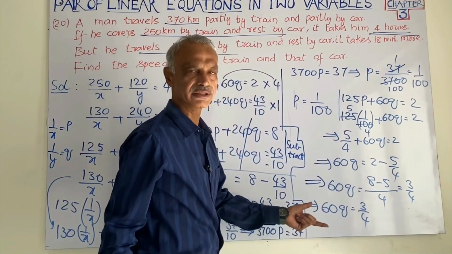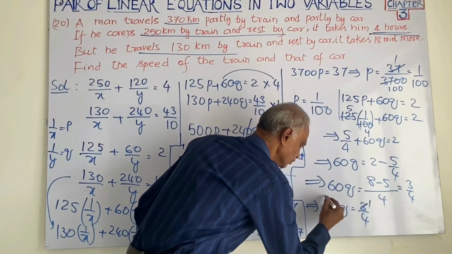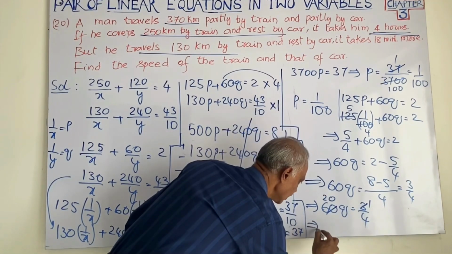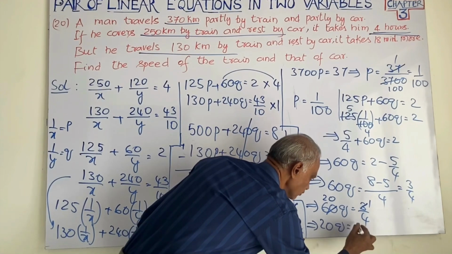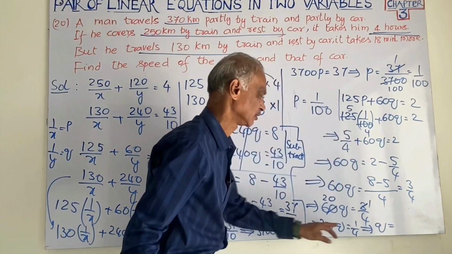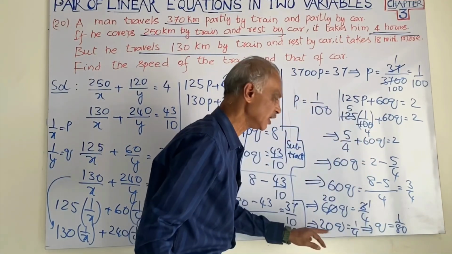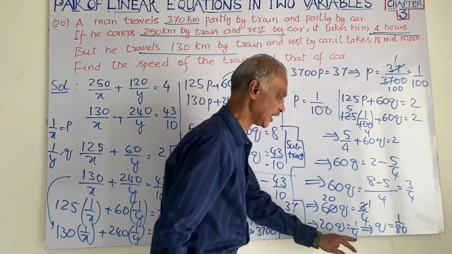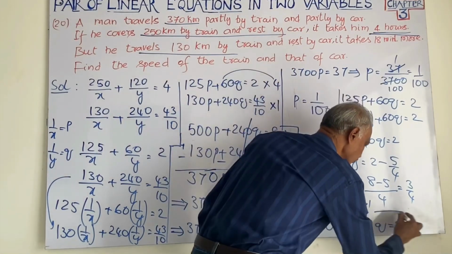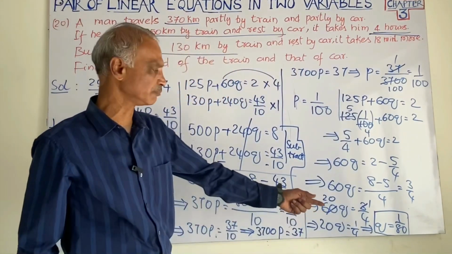I have already told you that you can cancel: 3 ones are 3, 3 twenties are 60. You will have 20q is equal to 1/4, and q you will get 1/80, since 4 twenties are 80. You got q is equal to 1/80.